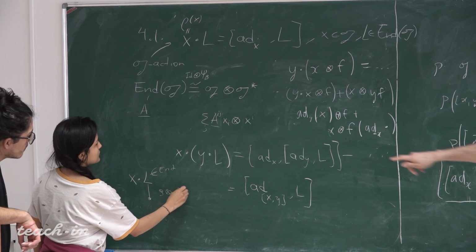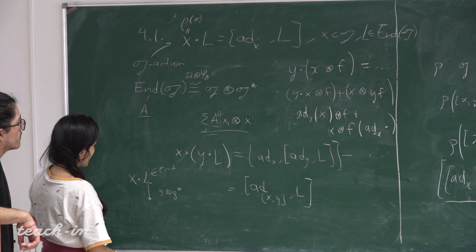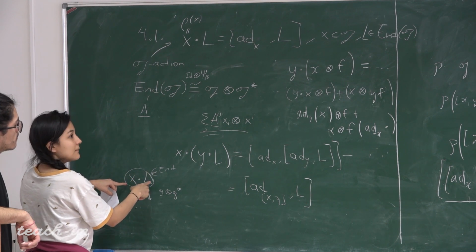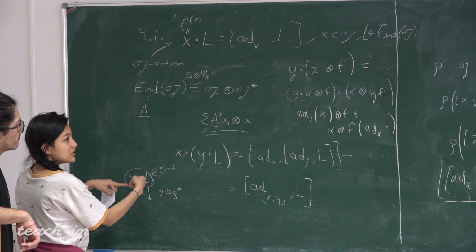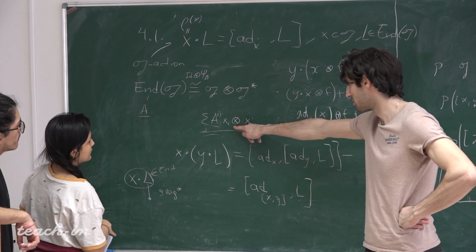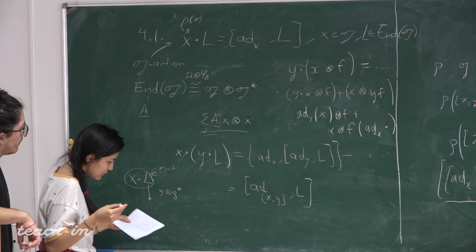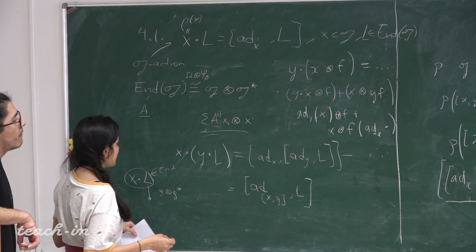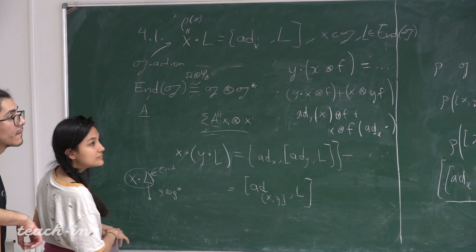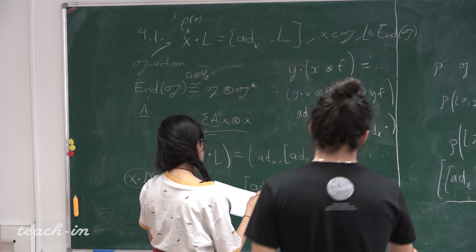First you make this action on L, and you try to write the matrix representation. So that's exactly what this is, right? And then I want to show that you can write in forms. Thank you. You will help us out with some other problems.